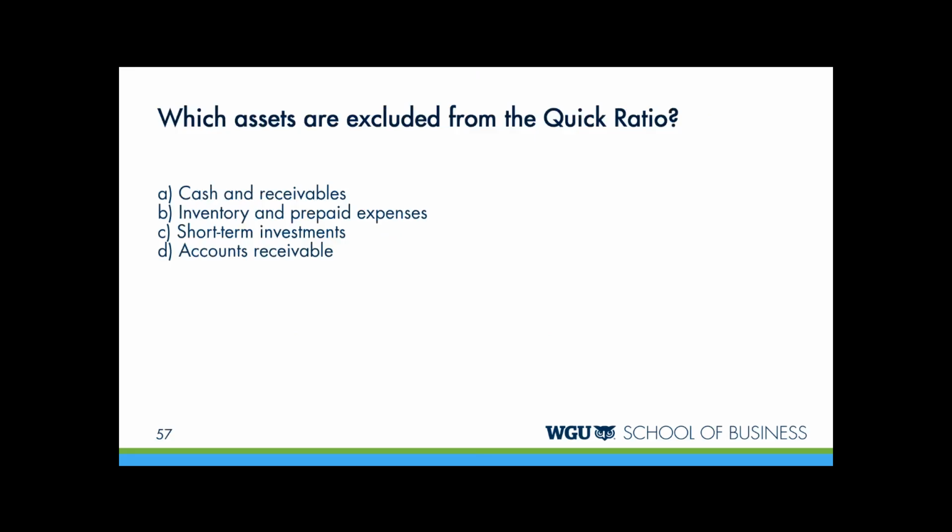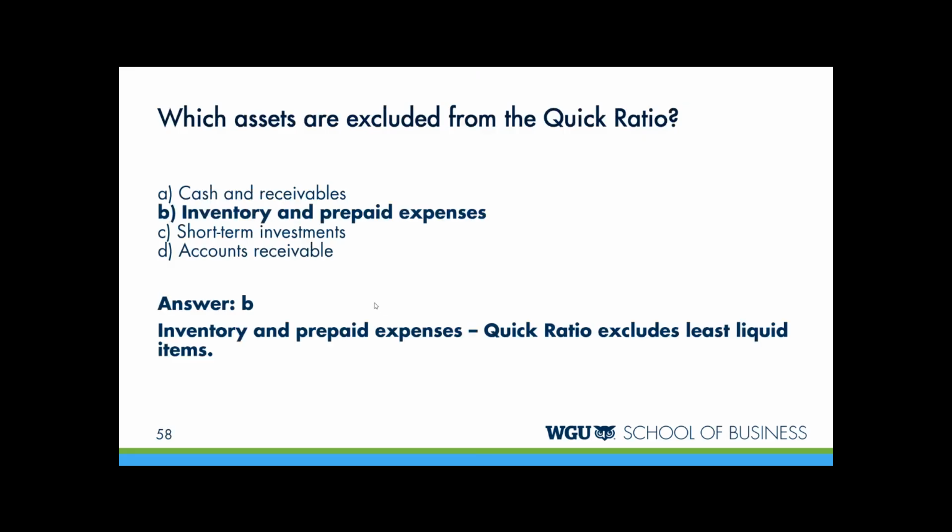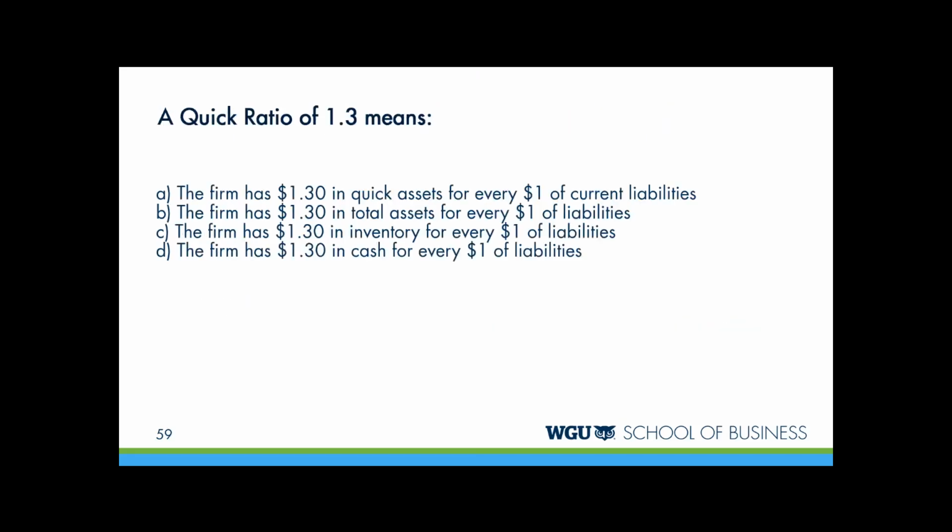Okay. Which assets are excluded from the quick ratio? Okay, and the answer here is B, inventory and prepaid expenses. The quick ratio is going to exclude our least liquid current asset items. Okay, so we have a quick ratio of 1.3.